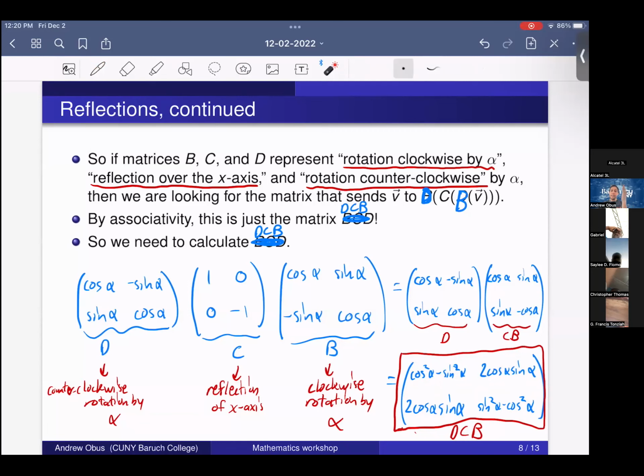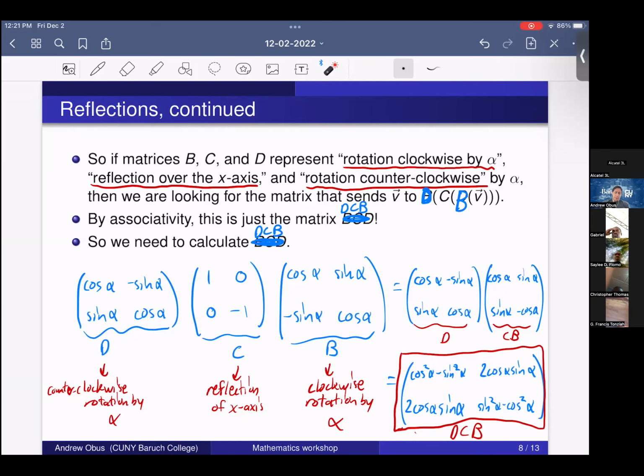And it's not an easy matrix, right? It's a little bit of a complicated formula, but this is what you get. And what you see over here is that this would have been a formula that would be very hard to derive by itself. If I said, here's a vector reflected over this line, what's the matrix that does that?